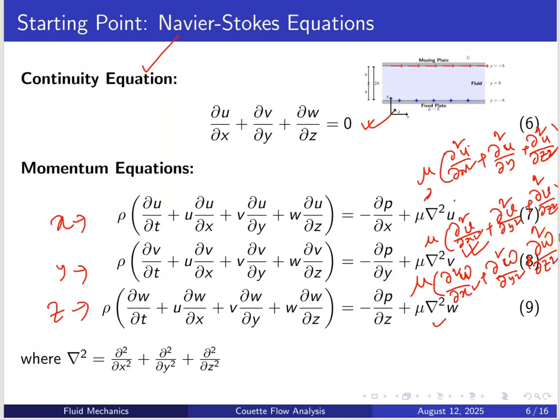Now we already know that v is equal to 0 and w is equal to 0, so in the y direction and z direction momentum equations, all terms will be 0. Only the x component momentum equation we will work on.